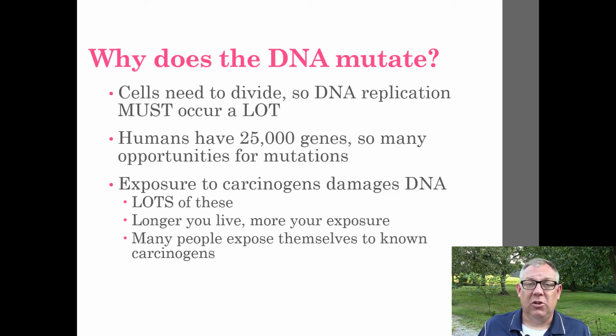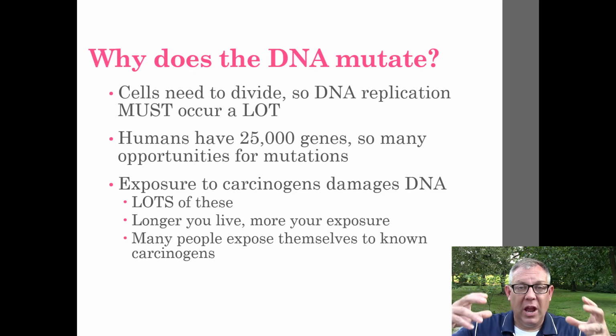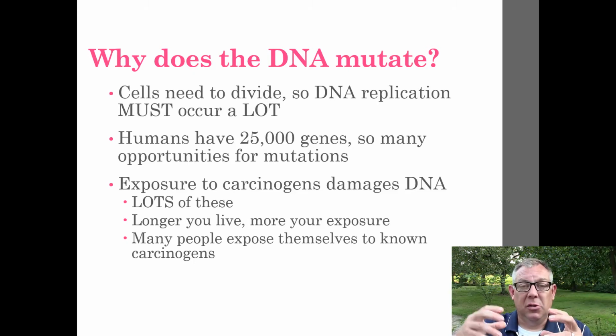A lot of carcinogens are carcinogenic because they damage the DNA. There are lots of these things, and the more an organism is exposed to these chemicals, the more chance that the DNA is going to get damaged. That's what these carcinogens do: they damage DNA and cause the DNA to change, and that's a mutation.